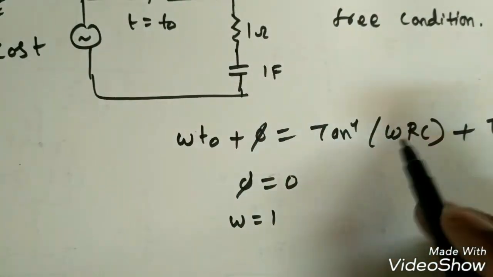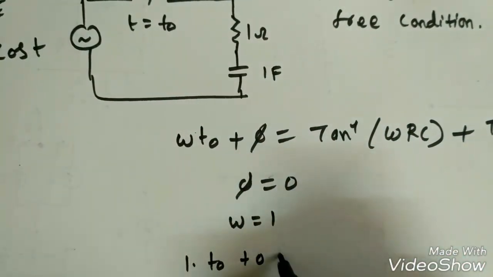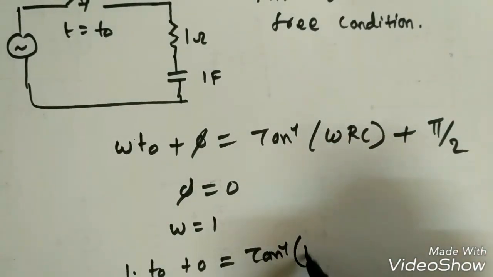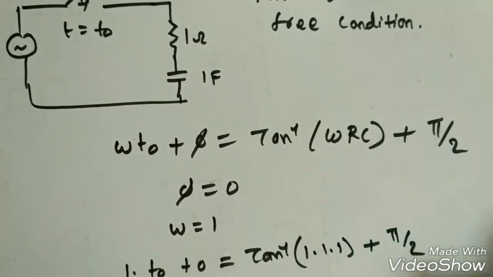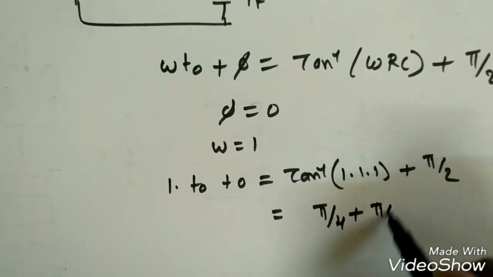Now if I substitute, 1 into t naught plus 0 is equal to tan inverse omega RC, where omega is 1 and R is 1, everything is 1, plus pi by 2. Now tan inverse 1 is nothing but 45 degrees, so I will write pi by 4 plus pi by 2.